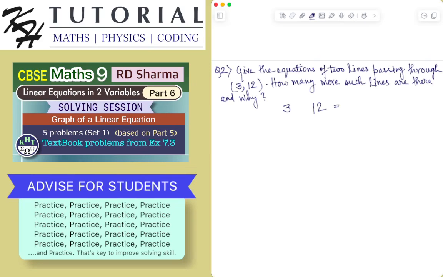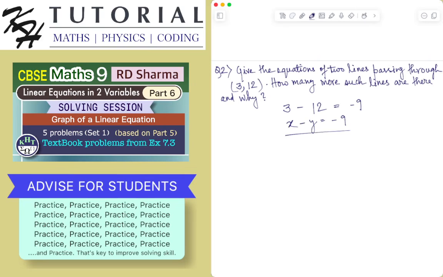I can say 3 minus 12 is minus 9. Now, instead of 3 I will write x, because 3 was the abscissa or the x coordinate, and 12 was the ordinate or the y coordinate of the given point. So x minus y is equal to minus 9.